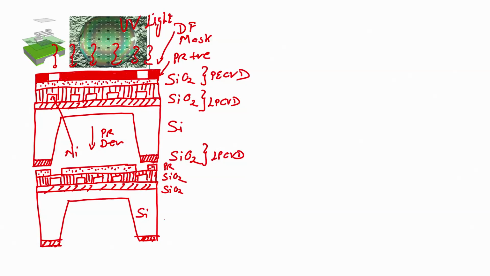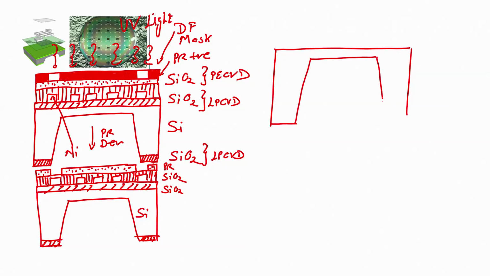So, next step would be hard bake, and then we have to etch silicon dioxide. So, we will dip the wafer in silicon dioxide etchant, and you guys know what is silicon dioxide etchant? Silicon dioxide etchant is buffer hydrofluoric acid, which is BHF, right, BHF.